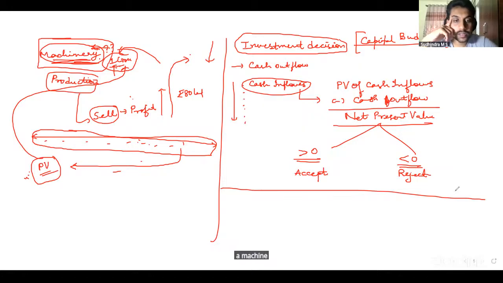Below that, example: a machine with useful life of 7 years costs rupees 10,000, while another machine with useful life of 5 years costs rupees 8,000.